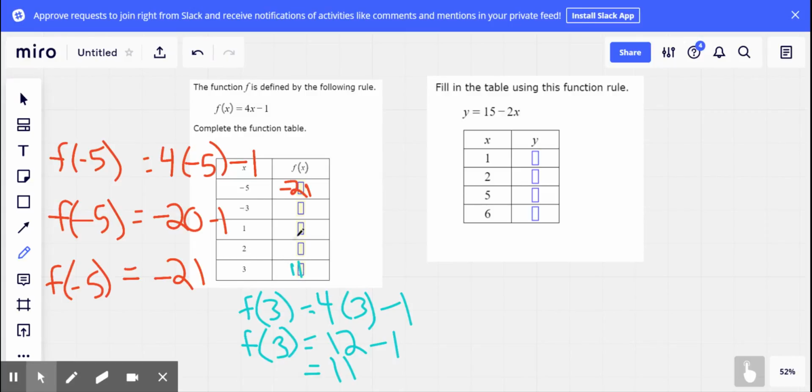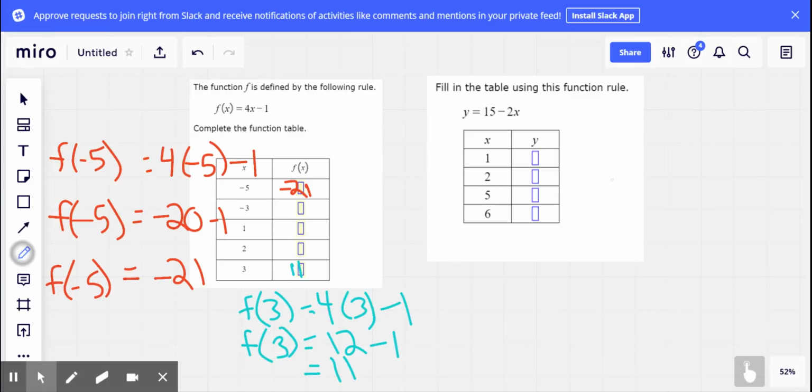And you would do these other three the exact same way. Input negative 3, input 1, input 2. But just for the sake of time, I'm going to move over to the other equation. Now, the only difference really is that this is not in function notation, but I'm going to take all these input values, the 1, 2, 5, 6, and I'm just going to one at a time plug them in for x and see what I get in return for y.